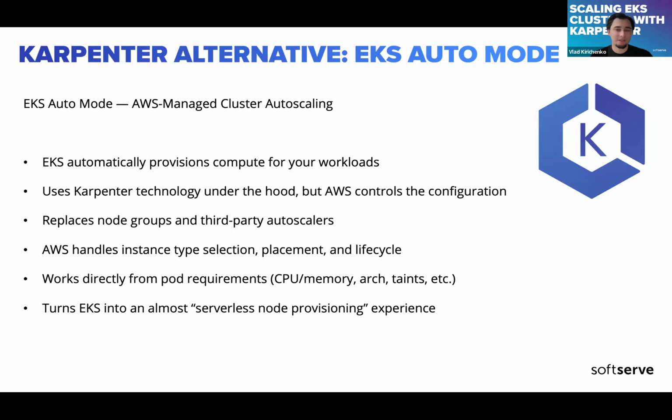It uses it under the hood, and it's almost the same autoscaler. But with Auto Mode, we do not manage this autoscaler. We do not configure policies or node classes. We can just deploy our workloads, and AWS handles capacity automatically.